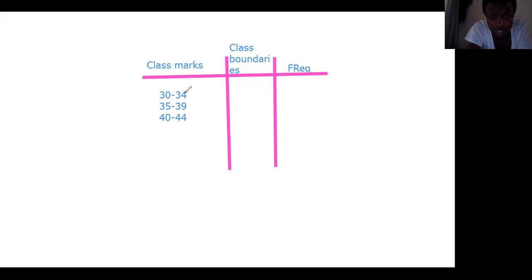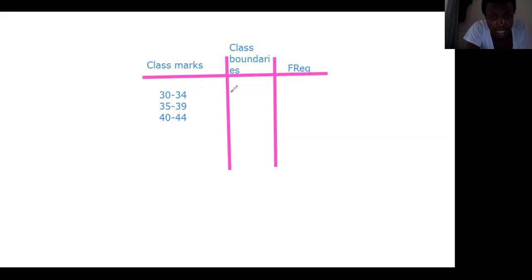So we find the difference between this and this. When we find the difference, we are going to get 1. Then we divide by 2, which means we multiply it by half. Then we add it to this, and we subtract it from this.